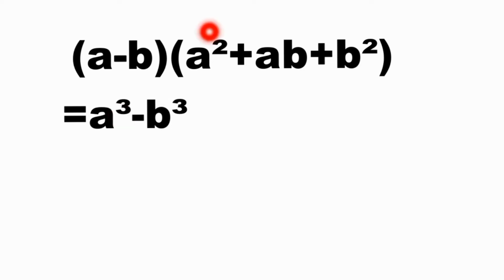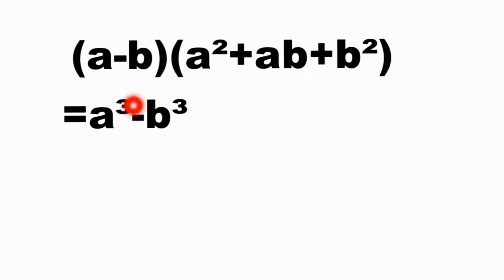We have here A squared, the square of the first term of the binomial A minus B, which is one power less than A cube.